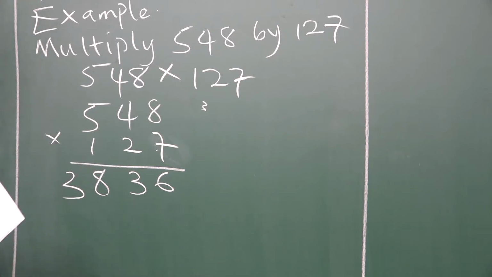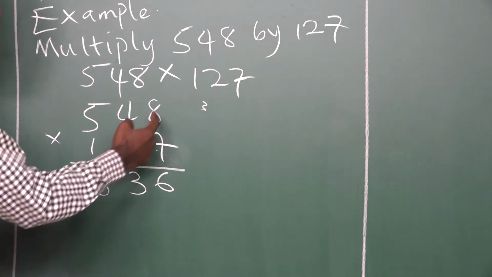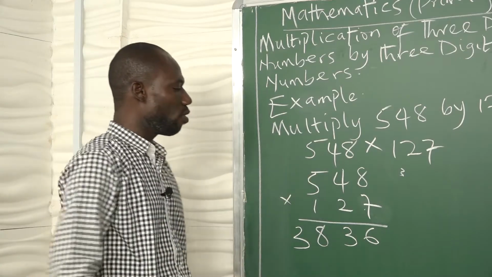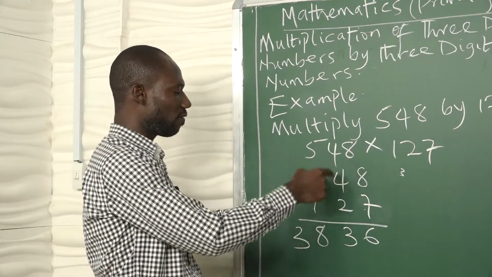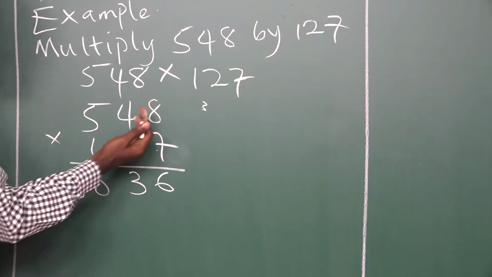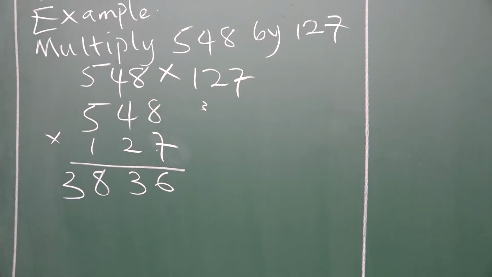The next thing to do is to use the 2 to multiply the number we have above. Multiply 8, 4, and then 5. Remember, our multiplication is always done from the right towards the left.